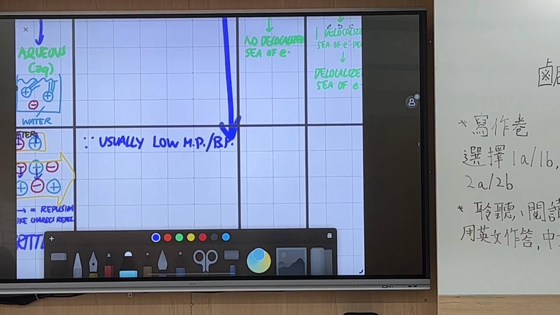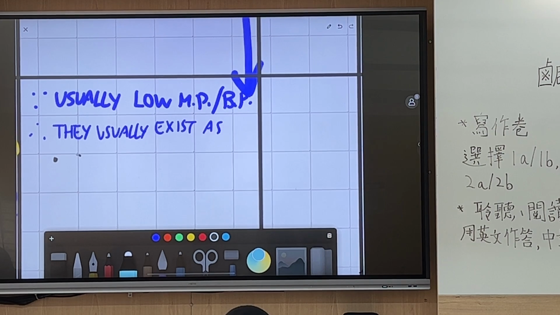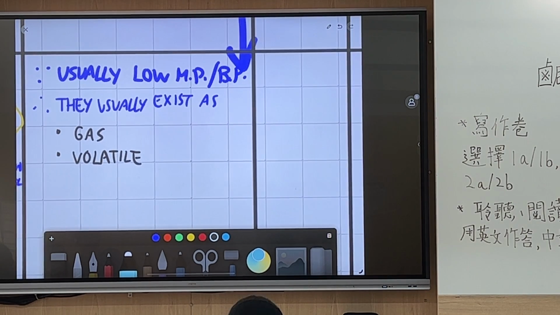No, you can't use the word hard to describe a gas either. So therefore, because they usually have low melting and boiling points, we say they usually exist as number one, gas, or volatile liquid. You should learn the meaning of the term volatile if you don't know what this word means already. Volatile means it becomes a gas easily.